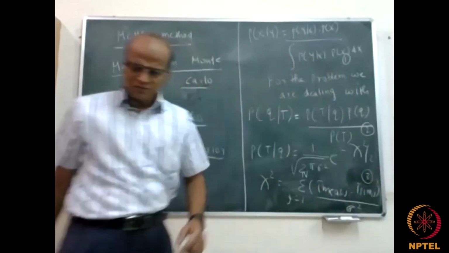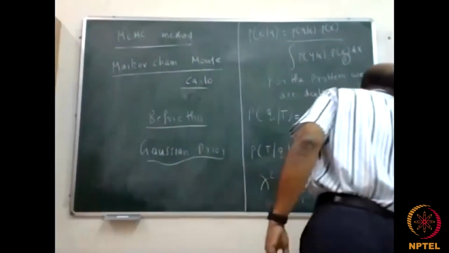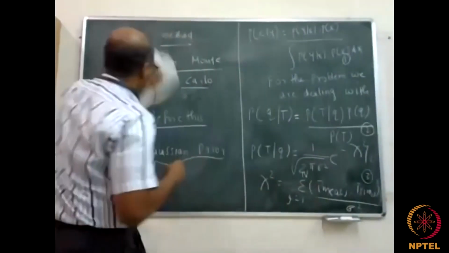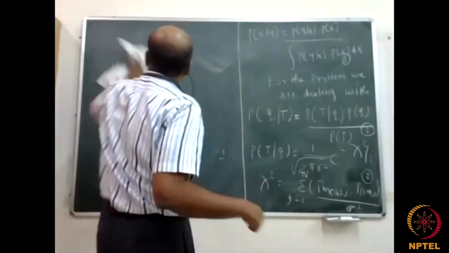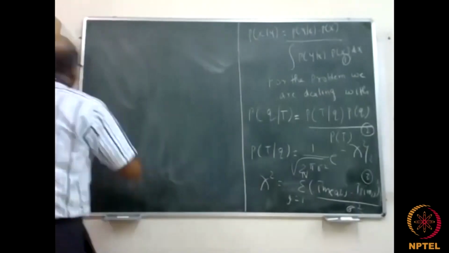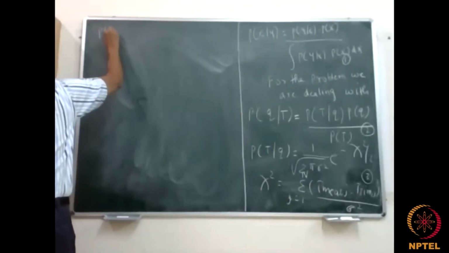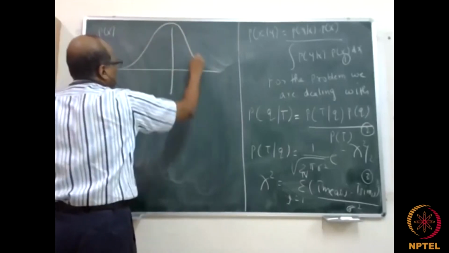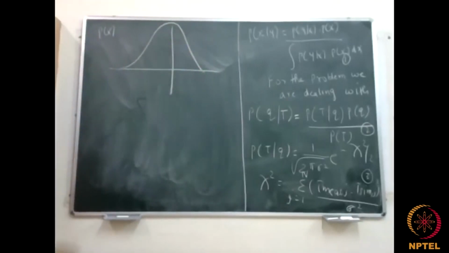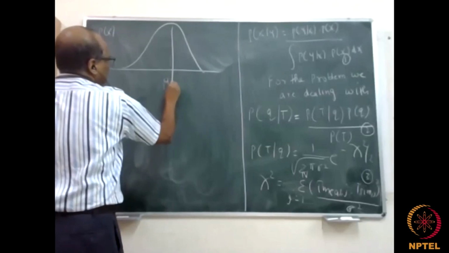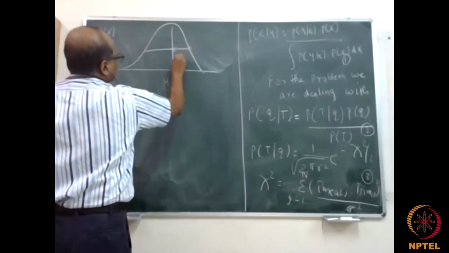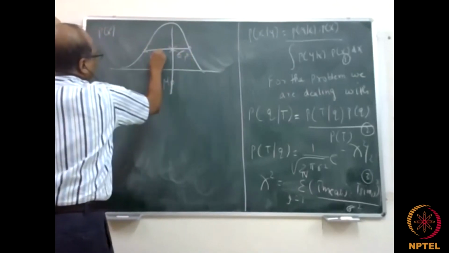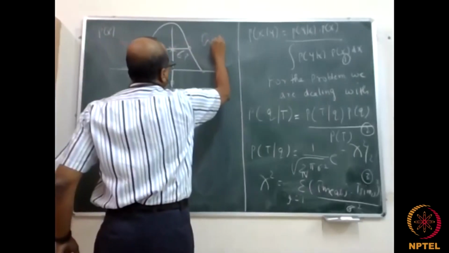Okay, now what we are proposing is the P of x. We are proposing like this. Okay, so this is the mu P. So this is called the Gaussian prior.